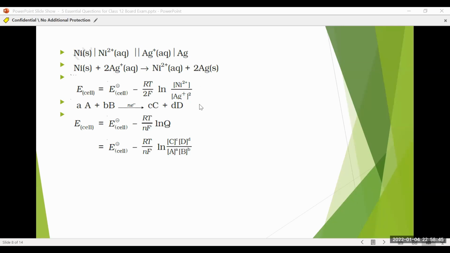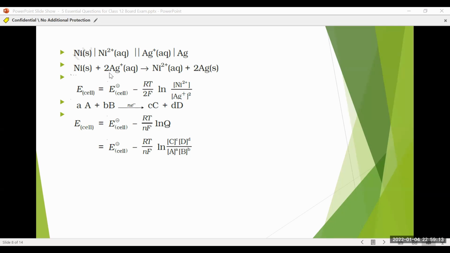Let us write the equation in the form of the Nernst equation as we mentioned earlier. E cell equal to E naught cell, after subtracting E cathode minus E anode, minus, these are the common factor, RT upon NF. N is 2 here, log base e, Ni2 plus product concentration upon reactant concentration, Ag plus whole square.